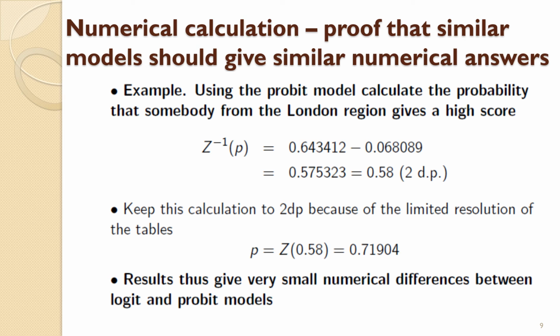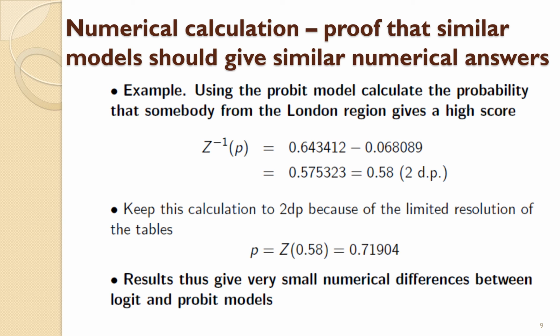It isn't worth keeping this number to more decimal places because you've got limited resolution of the table. So if you're using tables rather than a computer package, you've got some inherent rounding error there. And then what you would do to calculate the probability will be the z transformation of this number there, 0.58, and you should get a similar answer to the previous slide, 0.71904 in this instance.